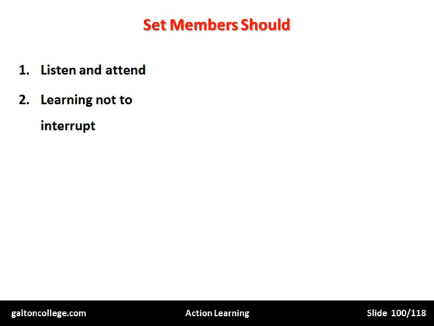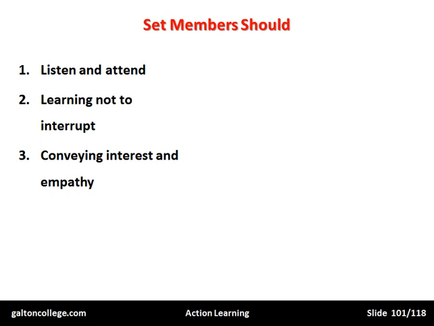They should ask for time to speak, perhaps by raising their hand slightly and getting the attention of the facilitator or of the presenter. But they shouldn't interrupt others.